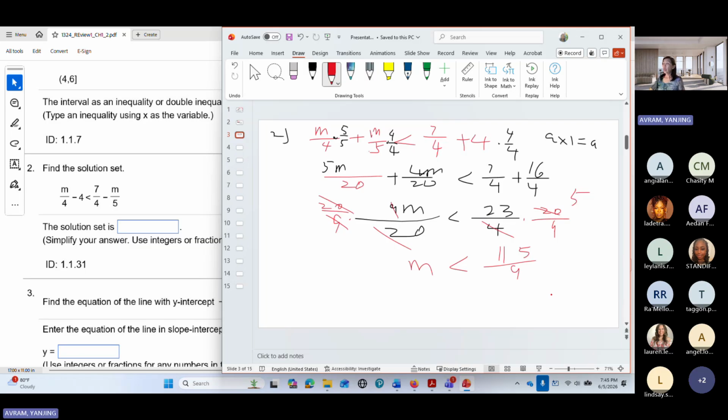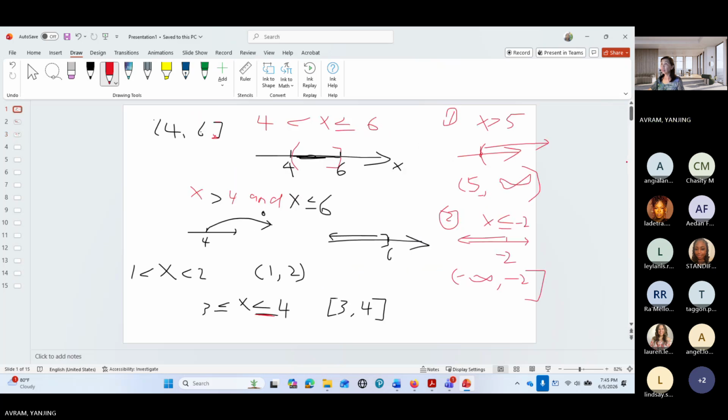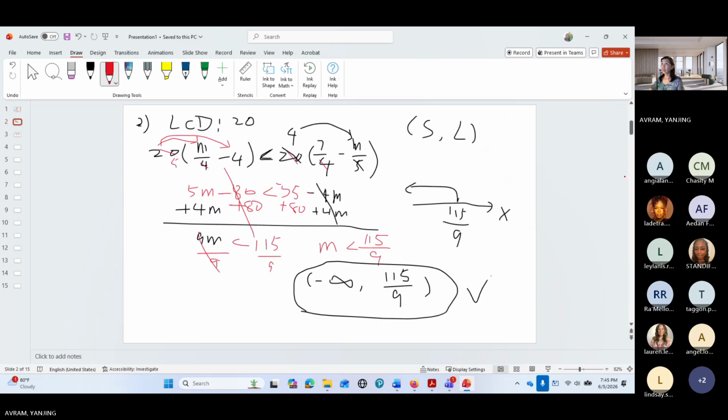Okay. So which one do you prefer? The first one or the second one? A lot of people probably prefer the first one, right? You get rid of all the denominators at once. Okay.